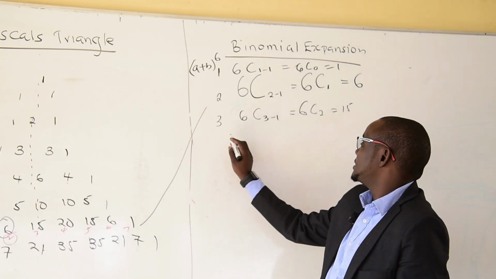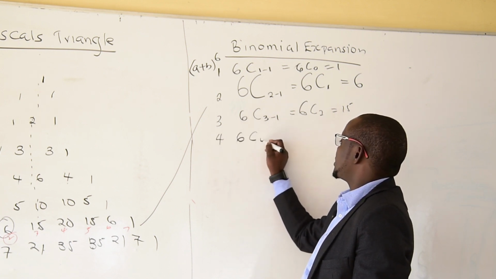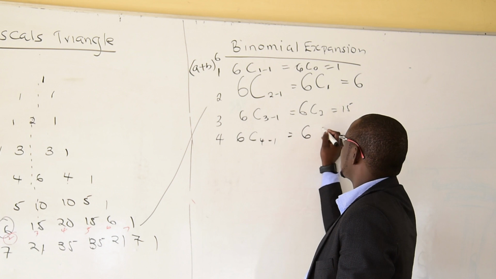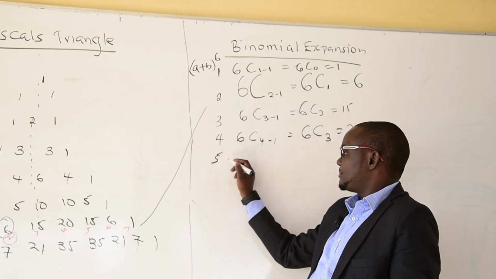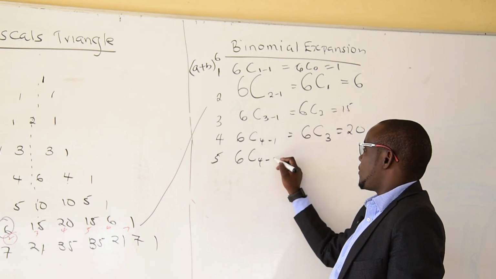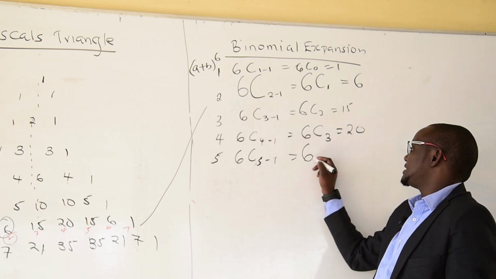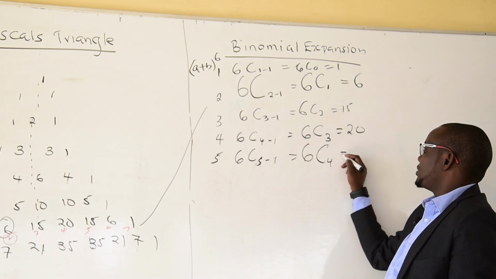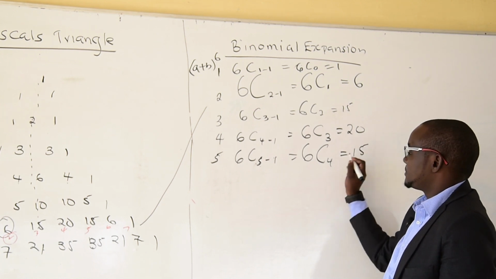So I can get all of these. The fourth term is 6 combination 4 minus 1, which is 6 combination 3, actually 20. The fifth term is 6 combination 5 minus 1, which is actually 6 combination 4, equal to 15.